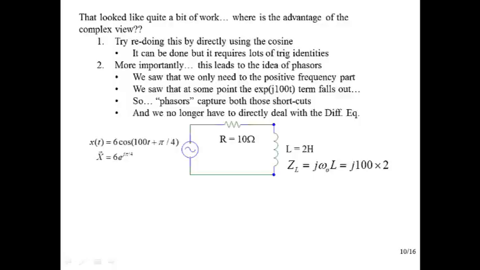So the idea is you take your sinusoidal function and you convert it into the phasor version. All you have to do is take the amplitude and the phase. We just saw that the e to the j100t part just drops out. It's not important. It's extra baggage. So this captures the important components that we need.